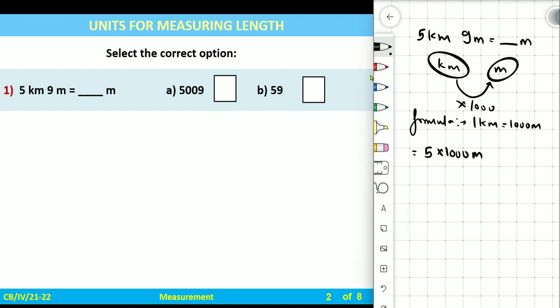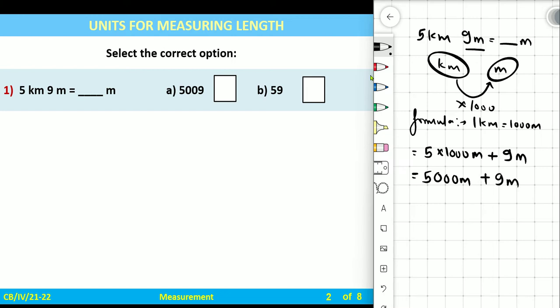5 into 1000 will be 5 and 3 zeros put in front of it. Then take the elder brother and younger brother: 9 meter is the younger brother of 5 kilometer, so we have to add it. Never leave your younger brother. We just add 9 meter.